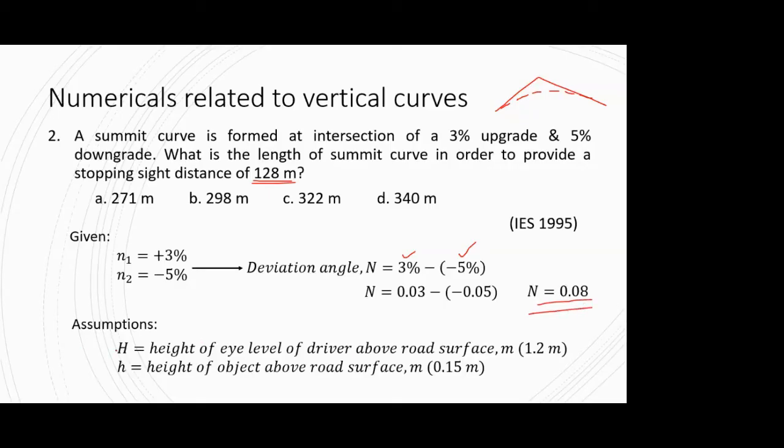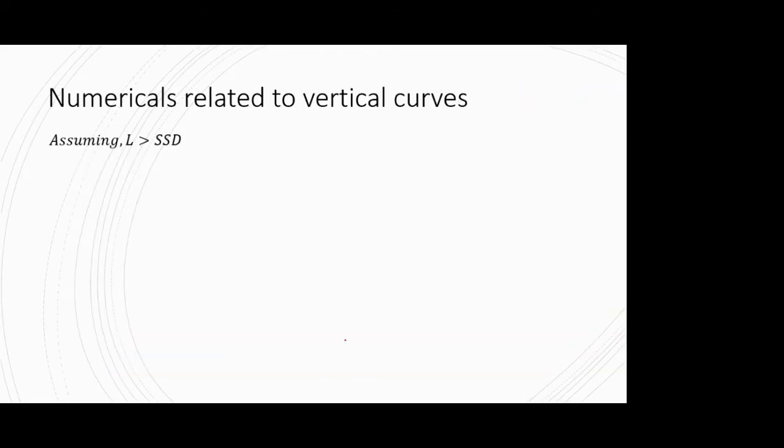And again, the assumption that you will make here is that capital H, the height of the eye level, is 1.2 and the height of the object is 0.15. With this assumption, we'll again assume that length is greater than SSD. So you just substitute the values in the formula L is equal to NS square upon 4.4.